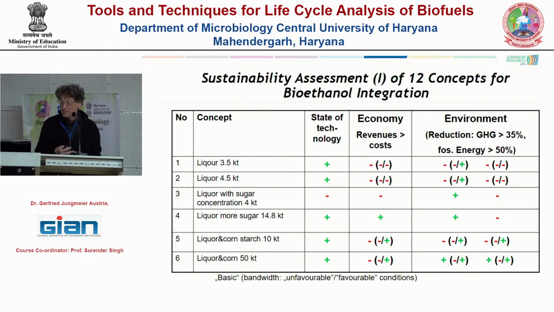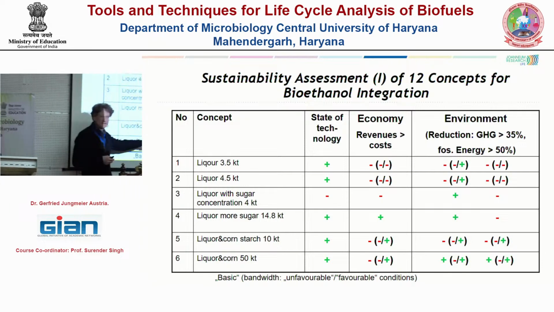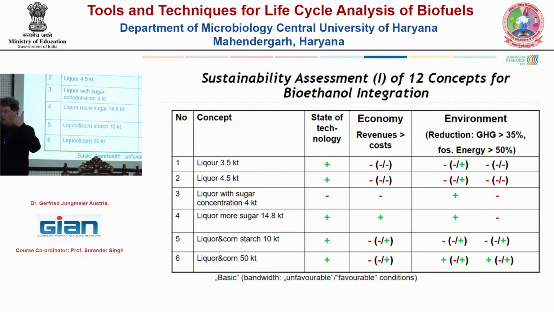So for these smaller plants, it's quite tricky to be that small, and therefore we added additional feedstock beside the black liquor, also cornstarch, and for only corn, to see if it then performs better.